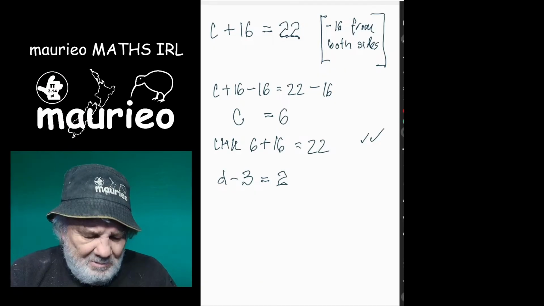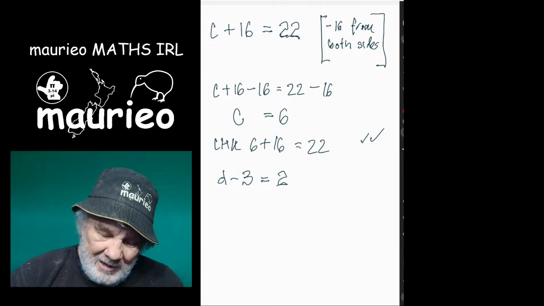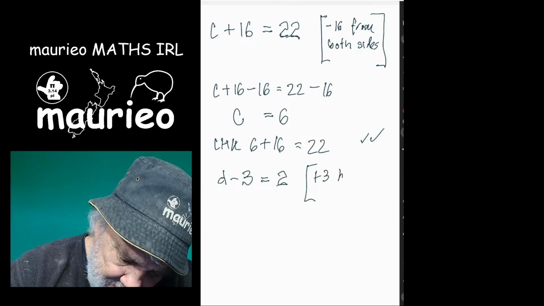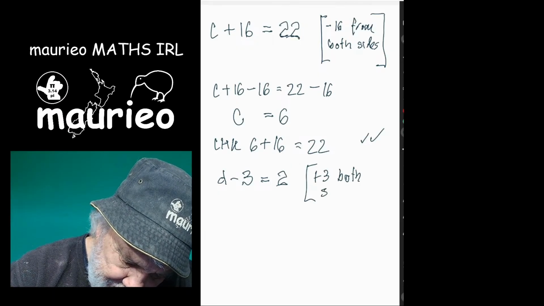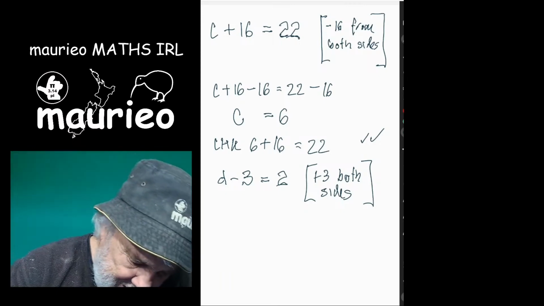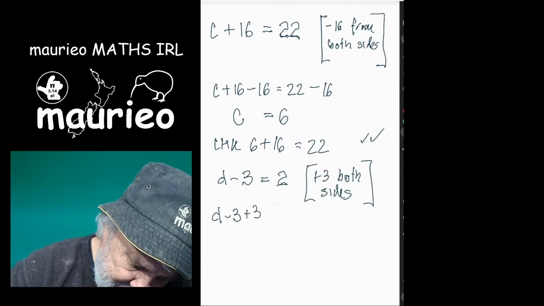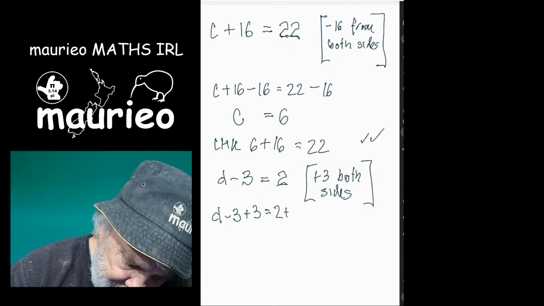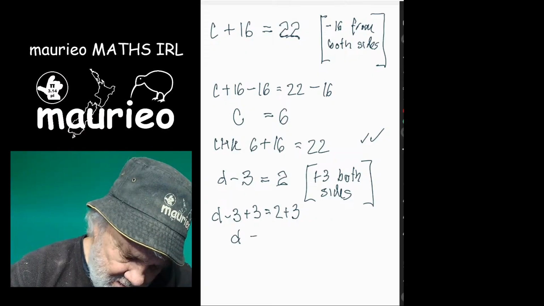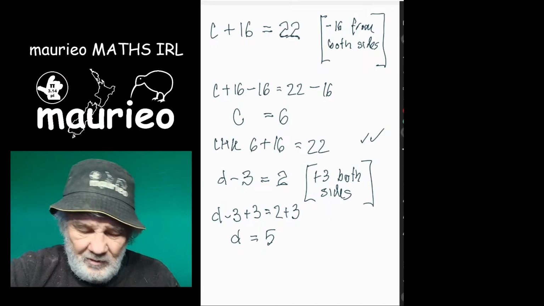Now here we've got D minus 3. Well, how about we just add 3 to both sides? Let's see what happens. Plus 3 on both sides. Okay, so let's try that. D minus 3 plus 3 equals 2 plus 3. And we get D minus 3 plus 3, D equals 5. D equals 5.